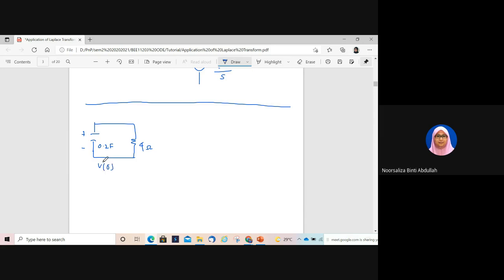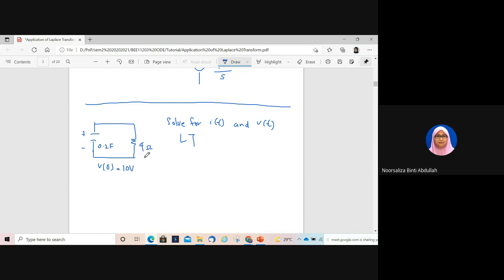They give you the initial voltage of 10 volt. The question is for the RC circuit, you have to solve for current and voltage using Laplace transform. So what do you do?